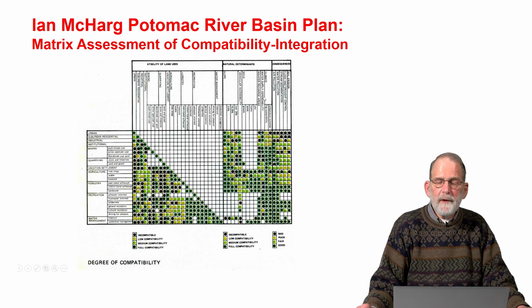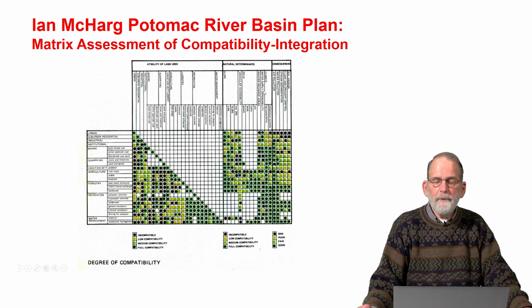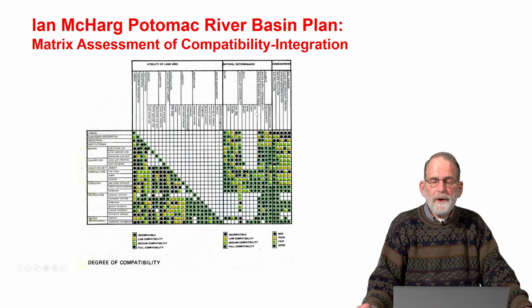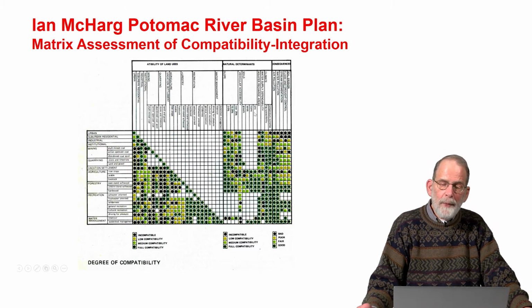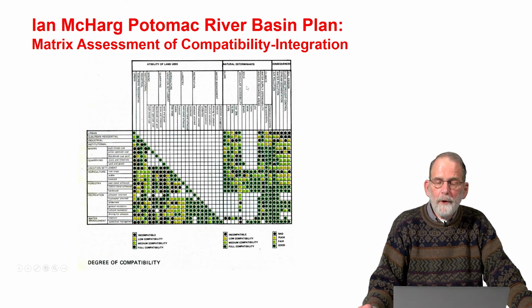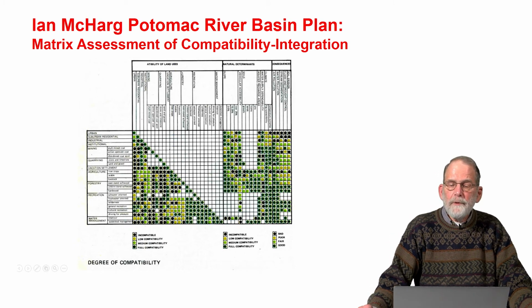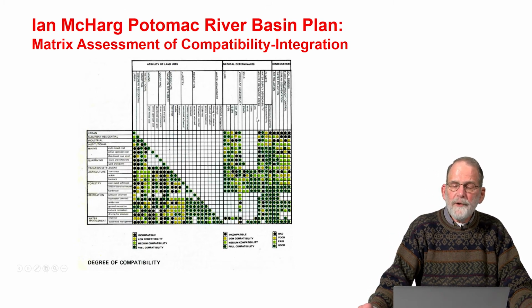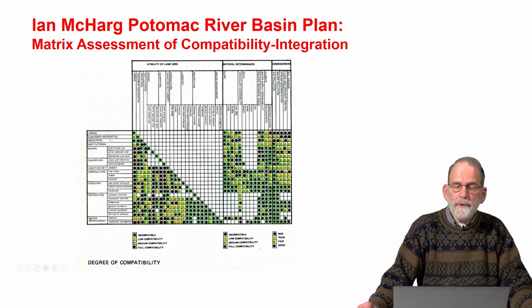And then the diagram on the far right-hand side of the matrix begins to tell him about the suitability of these different land uses for different parts of the landscape, because here he's talking about soil erosion, he's talking about climate, he's talking about water supply, he's talking about aquifer recharge areas, he's talking about slopes, soil characteristics, and for each of these different environmental elements he can begin to talk about how well suited they are for different kinds of land uses.